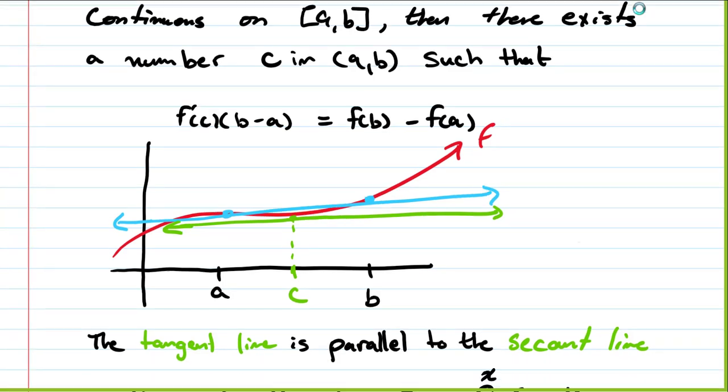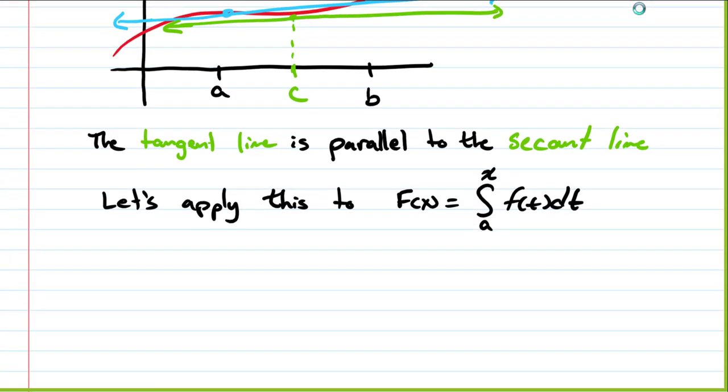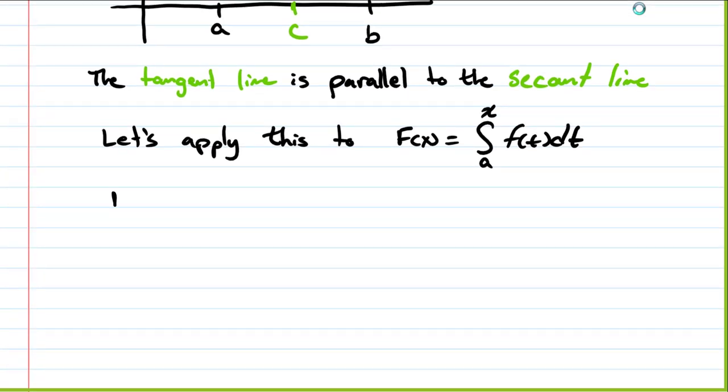So the mean value theorem using capital F, the first thing we need to do is calculate, well, what is F prime? So using the fundamental theorem of calculus, part 1, what is the derivative of capital F of x? So F prime of x is going to be equal to, well, when the upper limit of integration is just an x, we're going to get F prime of x is equal to little f of x, where little f is the integrand of the function.